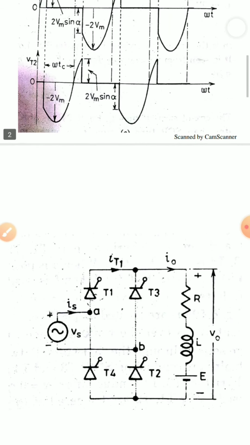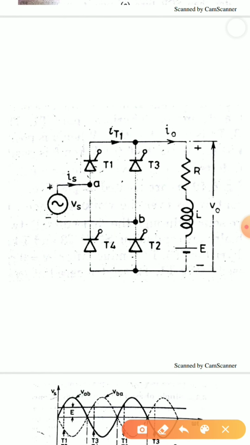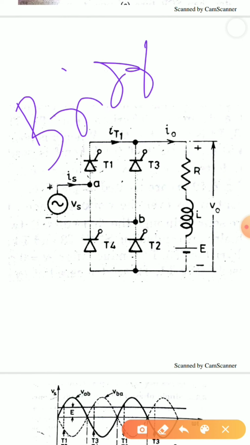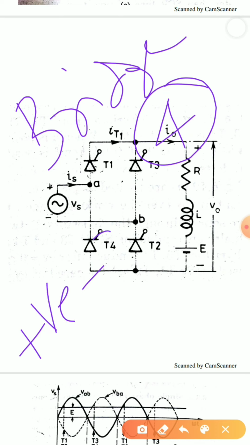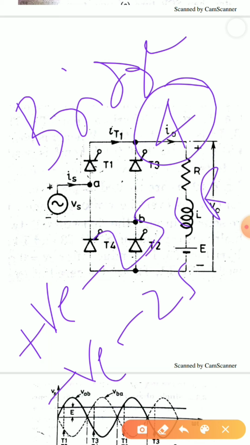Now moving further, we'll look into the bridge configuration. Bridge configuration and midpoint configuration are both used for full wave converters. Here I am using 4 SCRs: for the positive cycle 2 SCRs will conduct, and for the negative cycle as well 2 SCRs will conduct.